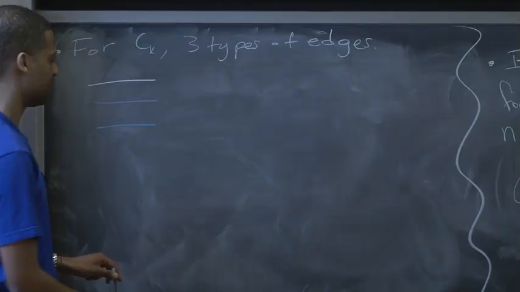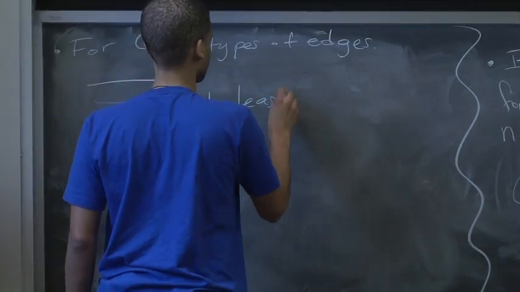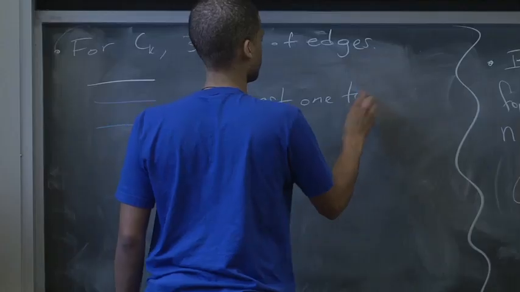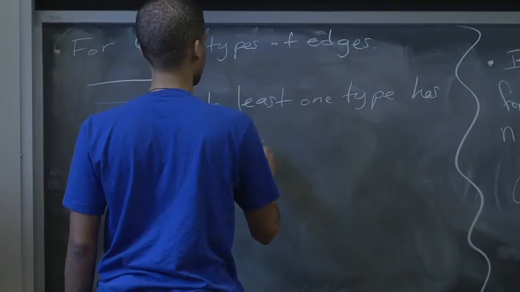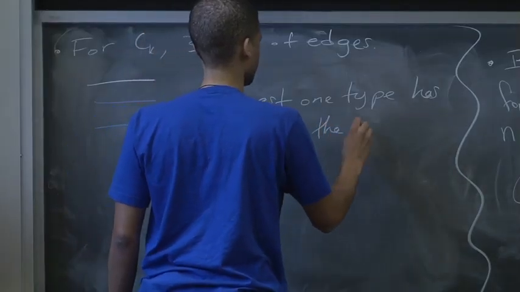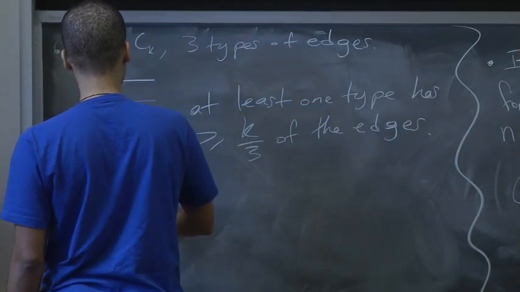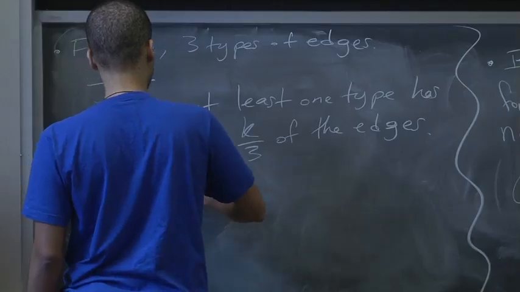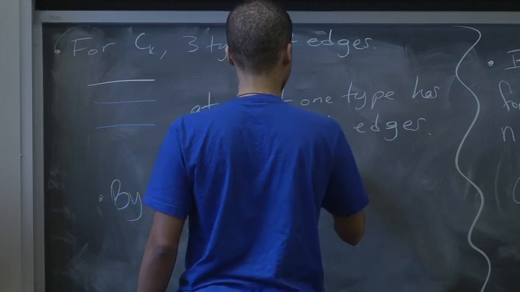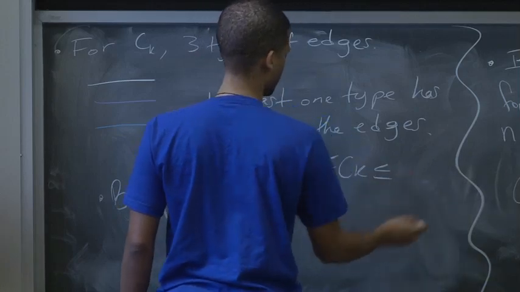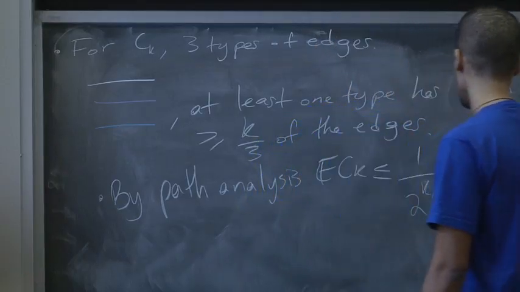Okay. At least one type has at least k over 3 of the edges. So by the path analysis, the expectation of C_K is at most 1 over 2 to the k over 3, or something like that.